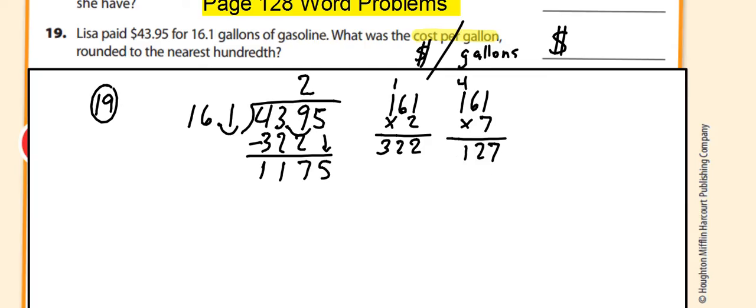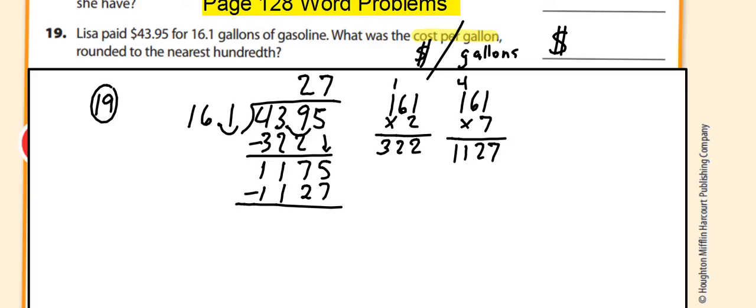And I got 1127, which is just a little bit smaller than 1175. So my second guess, when I said 6 or 7, was right. It's about 7 times. 7 times 161 is 1,127. Now, I know I need to subtract, but I'm going to come back to that in just a minute.